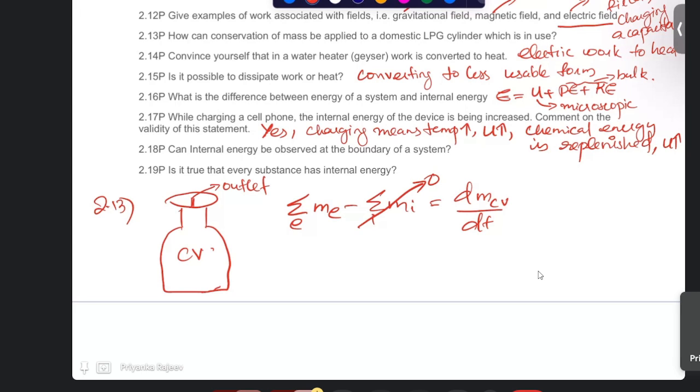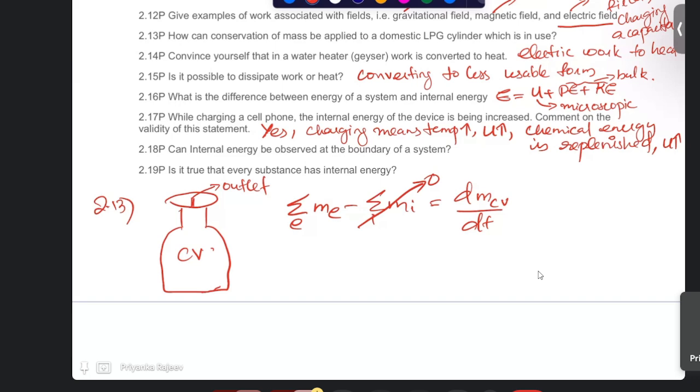What is internal energy? Imagine a chemical reaction is about to happen. You have got two reactants. If you have a TV remote, you are putting a battery in that. So how are we getting electricity? That internal energy is being converted to electricity. What is the internal energy in that battery? That is the chemicals inside that battery.